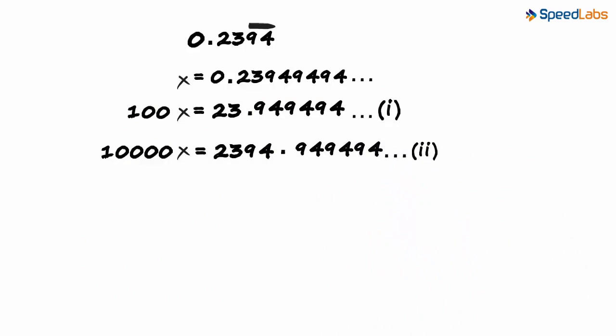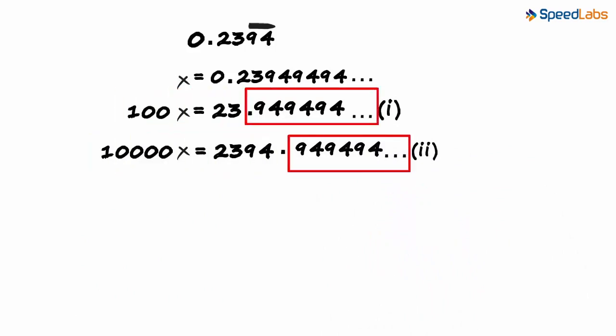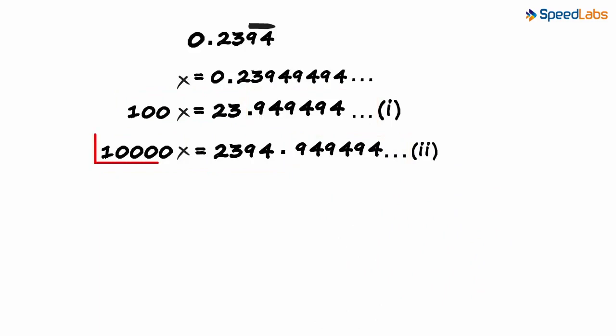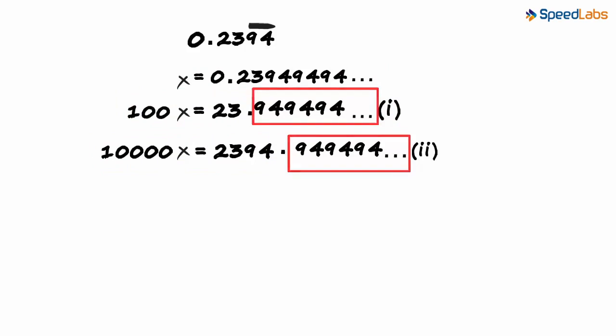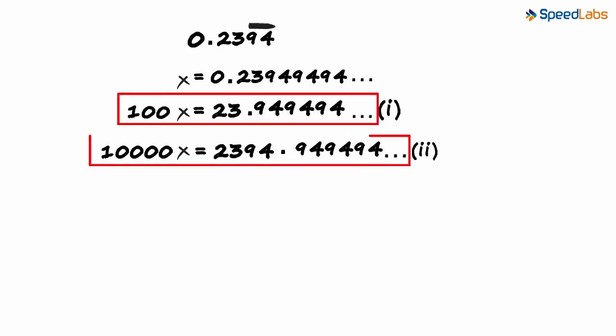Now we are ready. We have two equations with the same recurring part. We could have got this equation by multiplying this equation with 10,000 too. It's the same thing. But remember, our only aim is to have two equations with the same recurring part here. Now it's simple. We can just subtract the first equation from the second one and find the value of x.